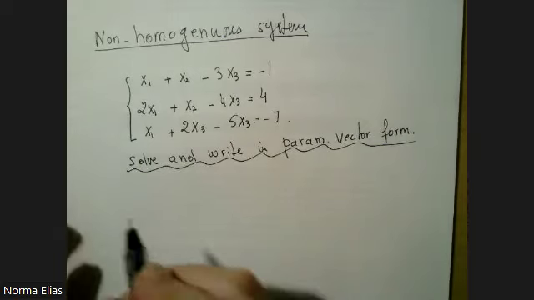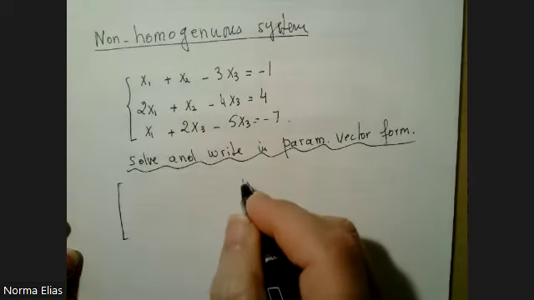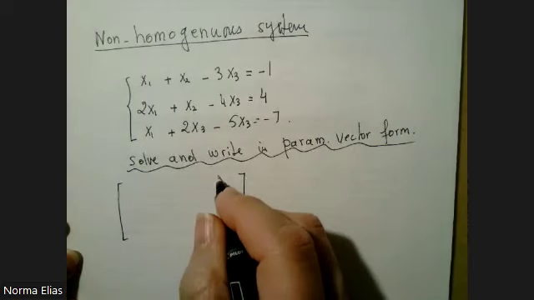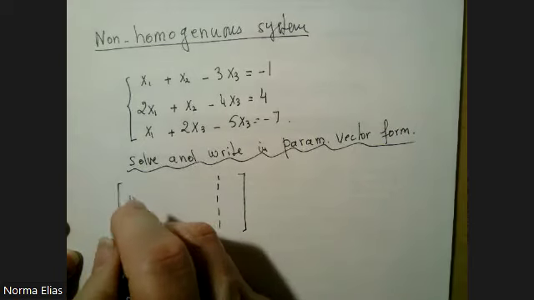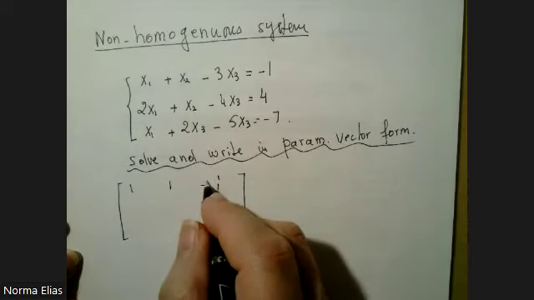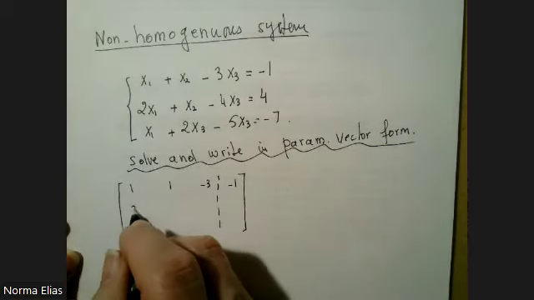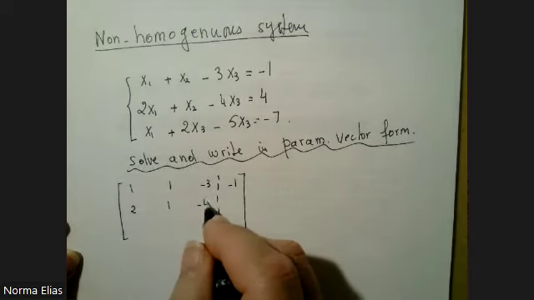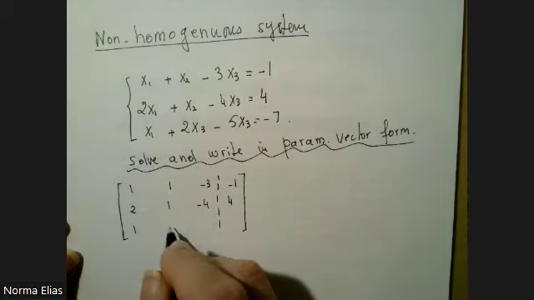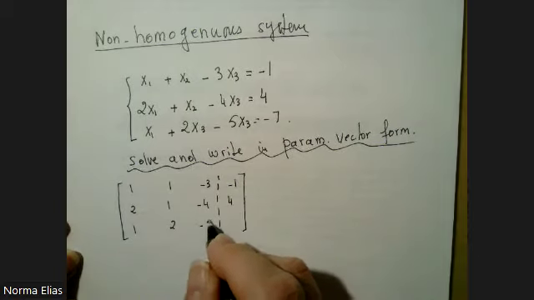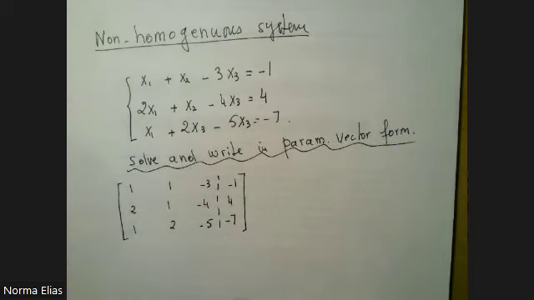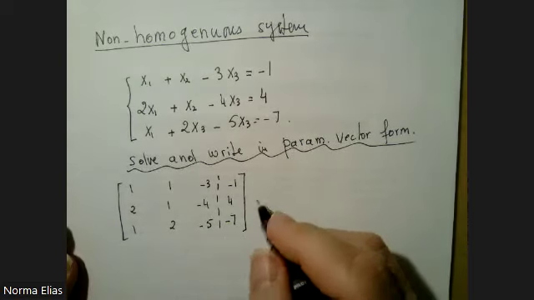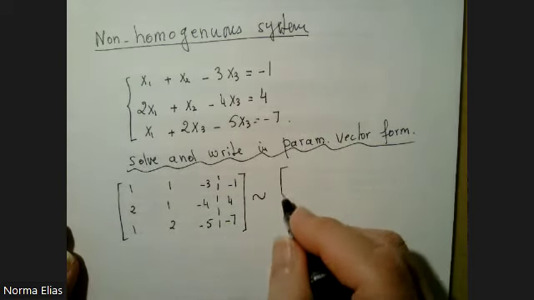All right, solve it. So we're going to take the augmented matrix, with rows 1, 1, -3, -1 and 1, 2, -5, -7. And we will do exactly what we've been doing.